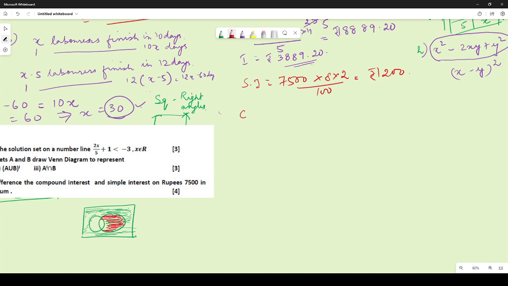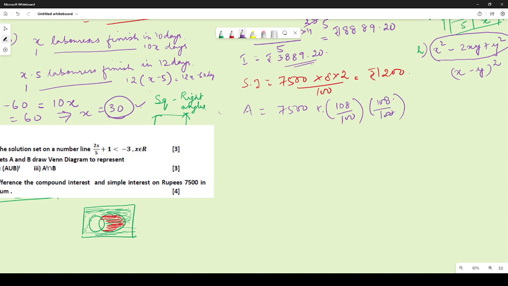Now when you come to compound interest, if you are taking in for A directly, if you are taking in the amount, so amount will be 7500 into 108 by 100 into 108 by 100. Right.